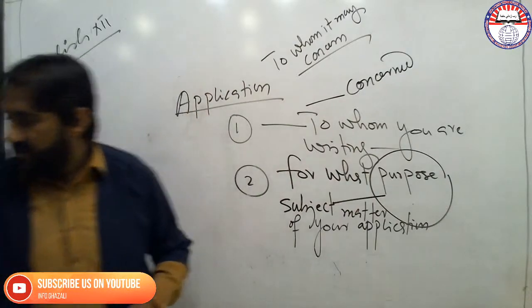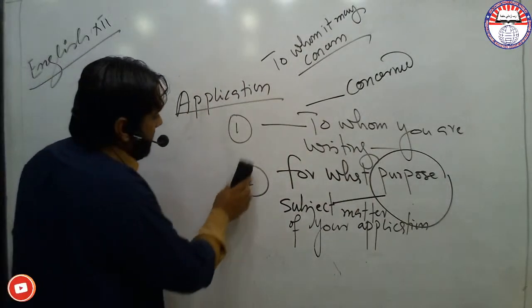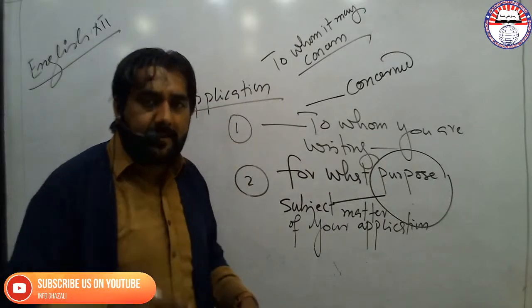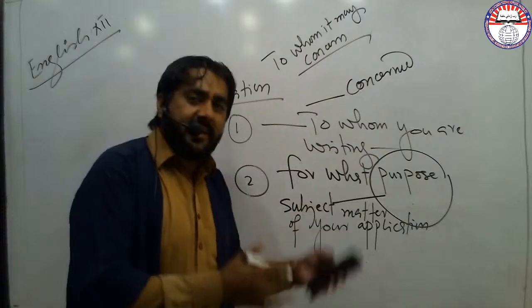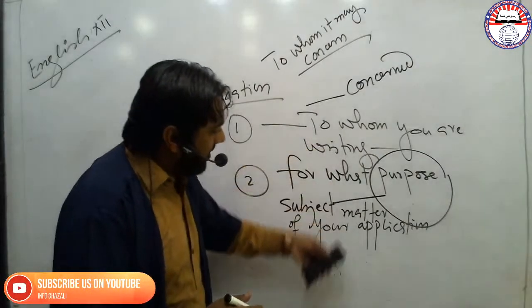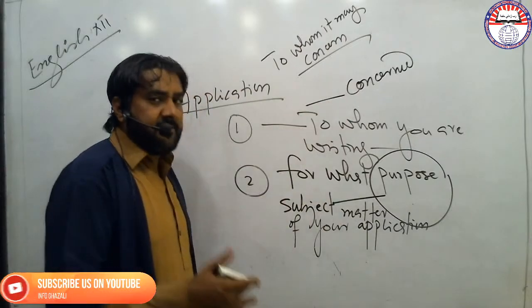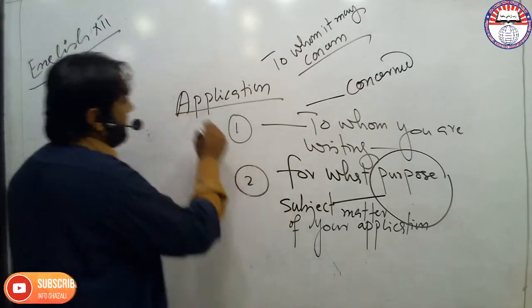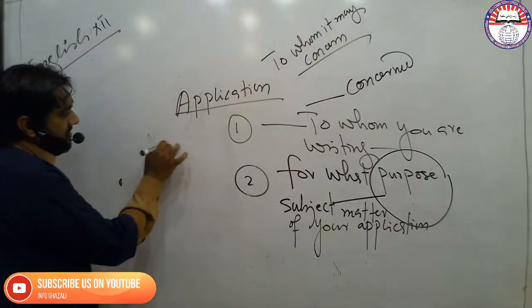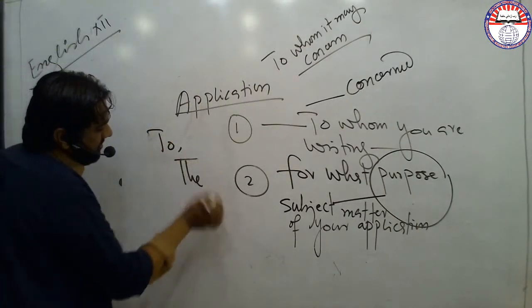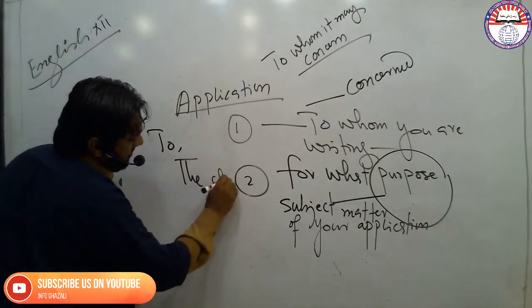Okay, so if you are clear with these two things, then what else is remaining? What else is remaining if you are clear in these two things? In between what you are required to write. Because at the start, you will start like this: To the, suppose, class teacher.